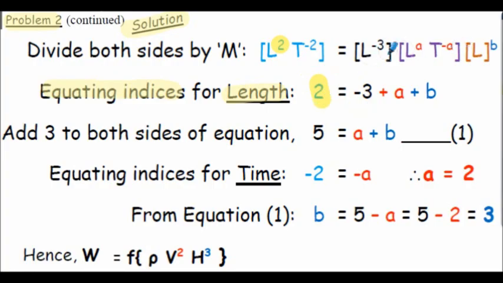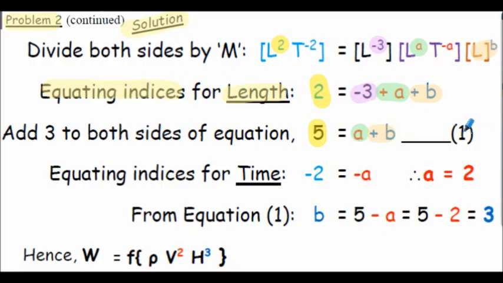Scanning the right hand side for L, we have L to the negative 3, we have L to the a, so I add the a. And we have L to the power of b, it's the third law of indices again, so I add the b. Just to simplify the equation, I add 3 to both sides, so now I have an equation of 5 is equal to a plus b.